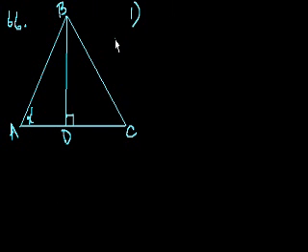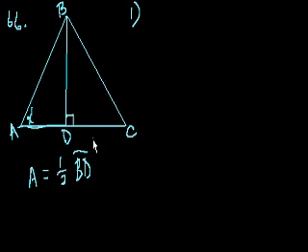1. The product of BD and AC is 20. So BD times AC. Oh no, sorry. BD times AC. Oh, that's it. So BD is the height. So area, let me just write it. Area is equal to 1/2 times this altitude, BD, times the base, AC.